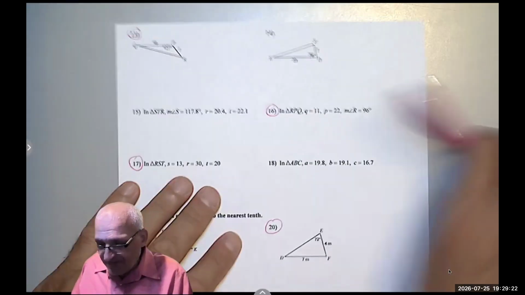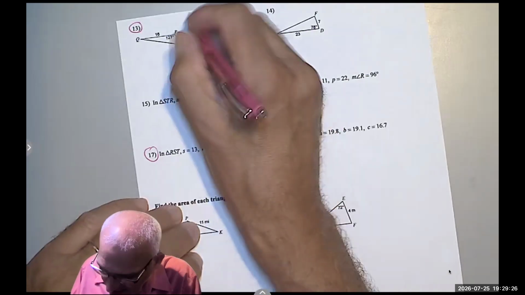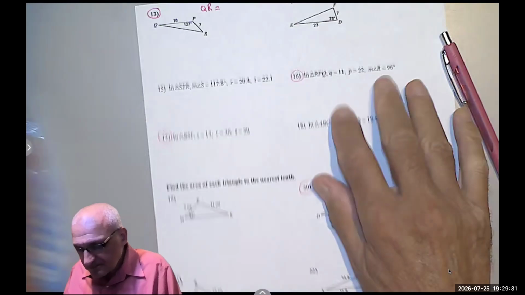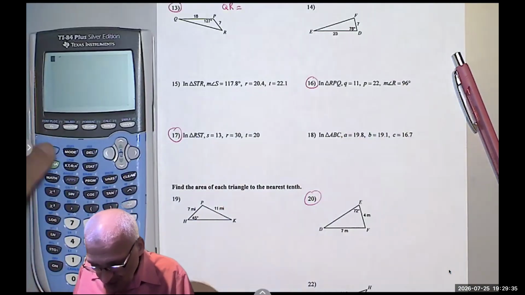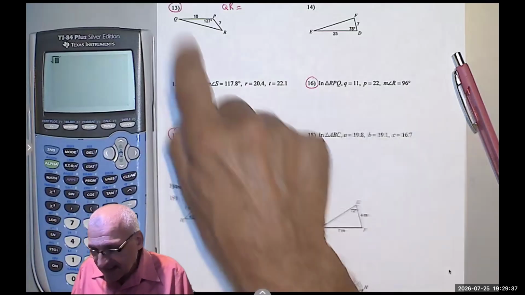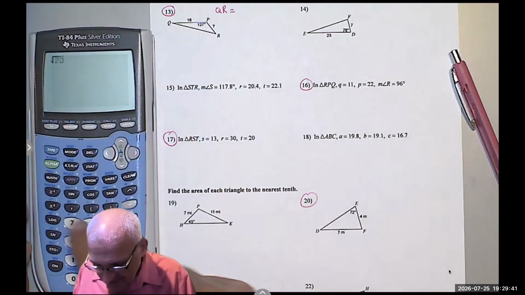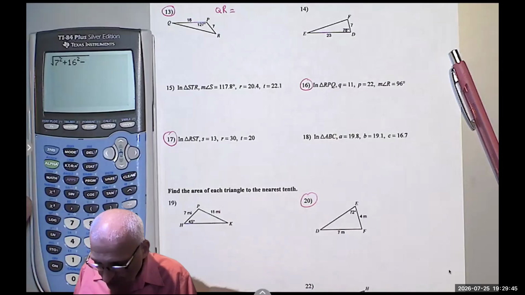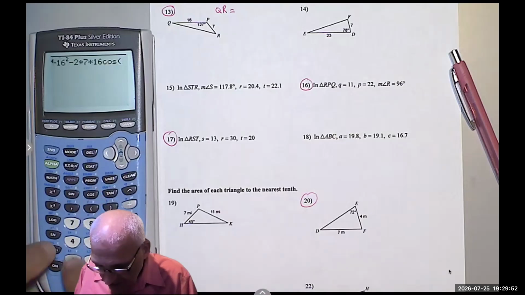Same thing, we want everything. Here I already have the angle, so I can find QR equals the square root of, because I can get QR squared, 7 squared plus 16 squared minus 2 times 7 times 16 cosine 127.